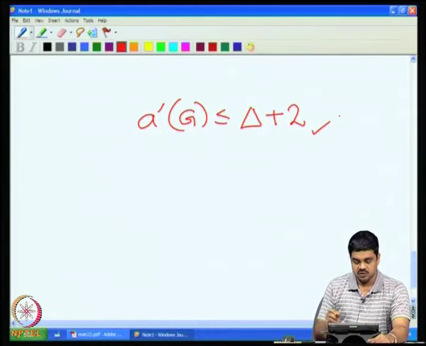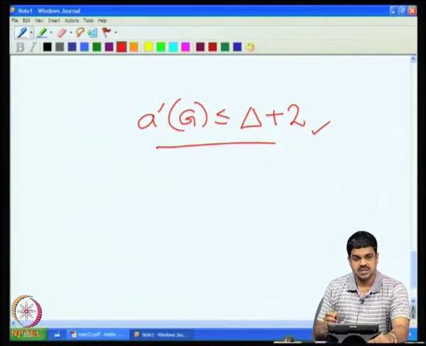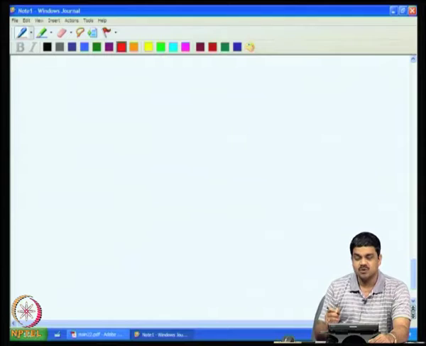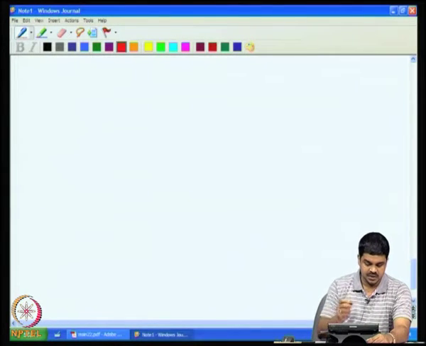So, now there is a question of whether delta plus 2 colors are required or not. Or even, is it possible that there are some graphs which require delta plus 1 colors? Of course, we know that even in proper coloring delta plus 1 colors are sometimes required.